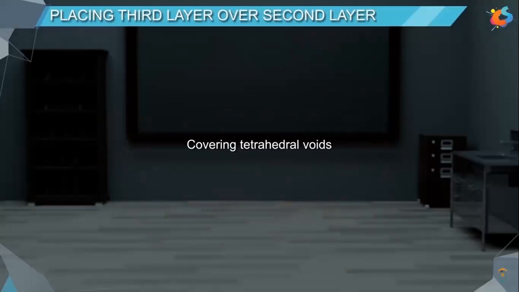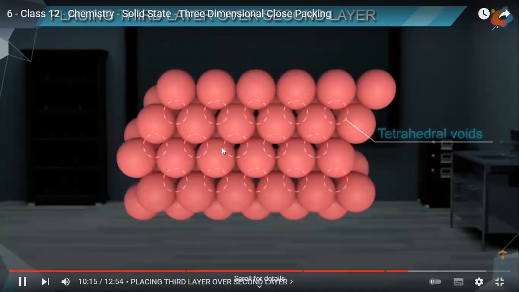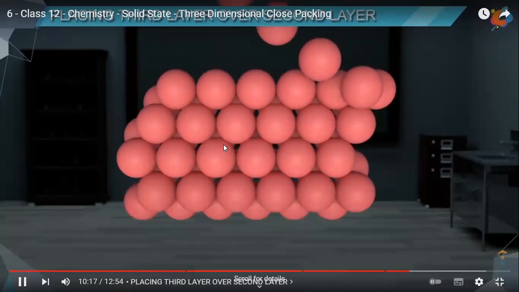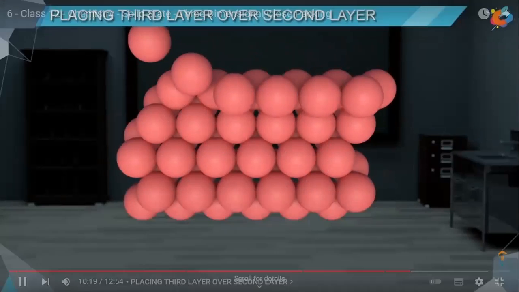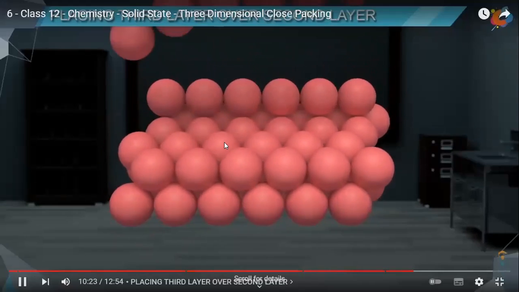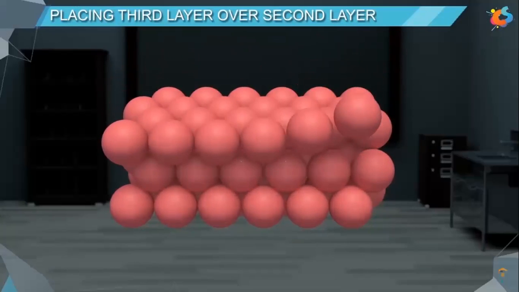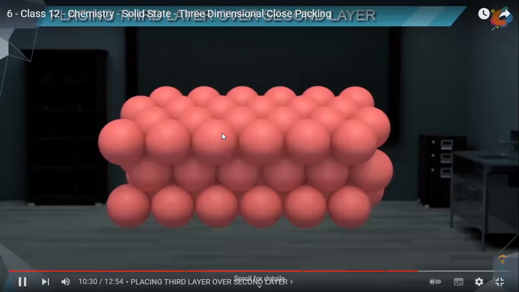By covering tetrahedral voids. The tetrahedral voids of the second layer can be covered by placing the spheres of the third layer over them. On doing so, the spheres of the third layer will get exactly aligned with the spheres of the first layer. So what is this type of arrangement? AB type of arrangement.